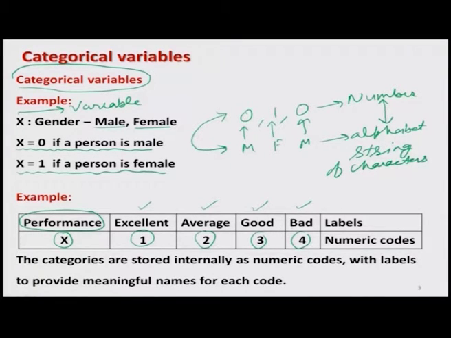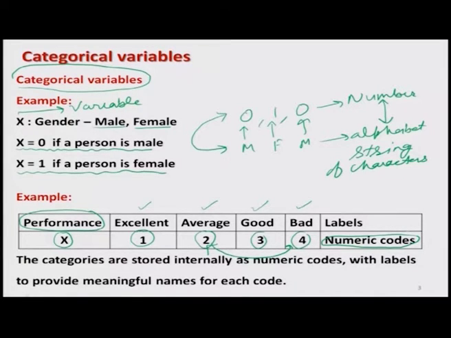But when I compare 2 and 4, it does not mean that the average is half of the bad. It has no meaning. This is not the interpretation. But 1, 2, 3, 4 are simply numerical codes which are indicating the presence or absence of a particular type of quality in terms of excellent, average, good or bad.